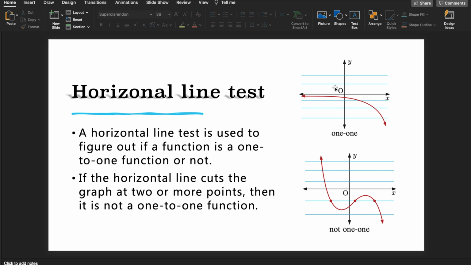So here it's only being cut once, so it would be a one-to-one. Whereas over here, if we draw a line here, it's being cut thrice, 1, 2, 3. Even over here, it would be cut twice. Therefore, it's not a one-to-one function, but rather it's just a many-to-one function.